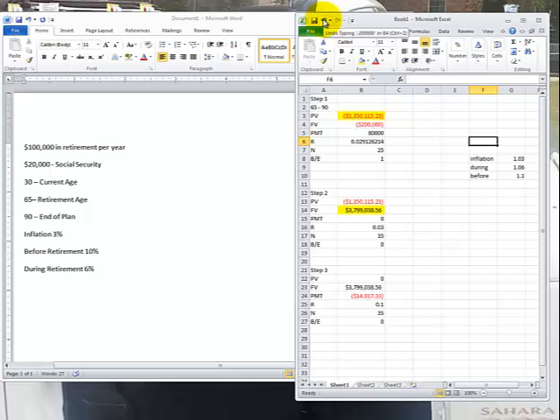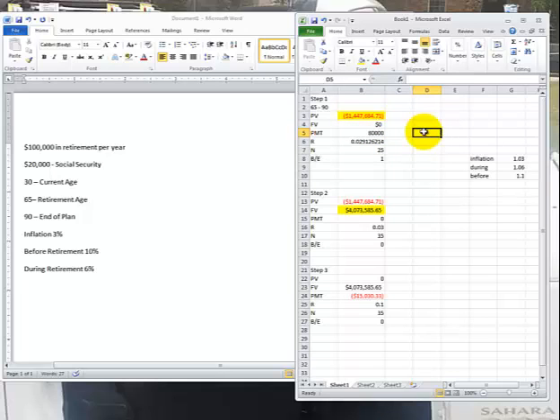Yeah, future value. $200,000 would be your future value. So that would change this, which changes that, which changes everything. So if you wanted to have some money left over to give to your family, instead of putting 0 there, you could put the amount of money. But we'll leave it at 0.